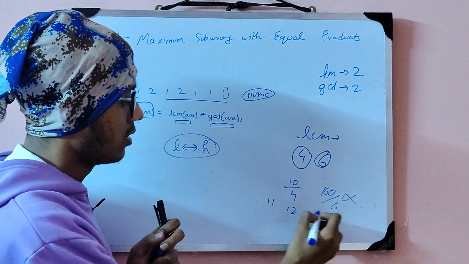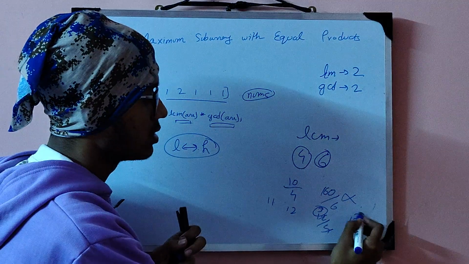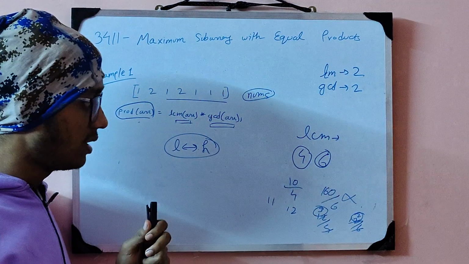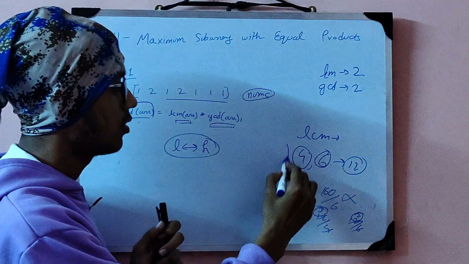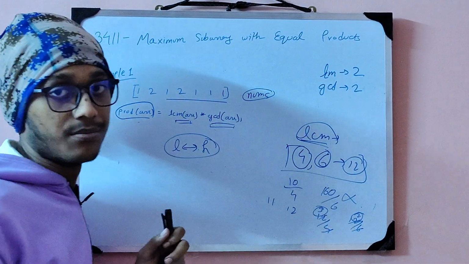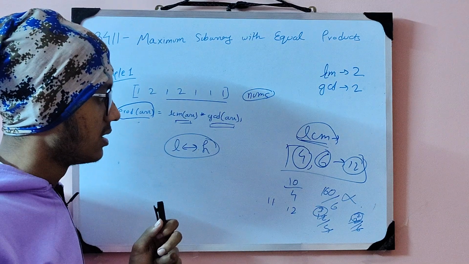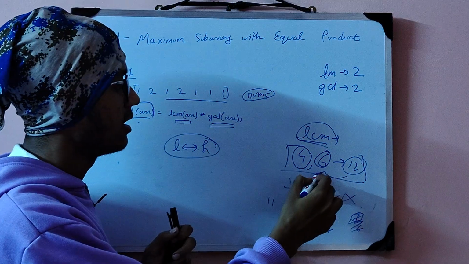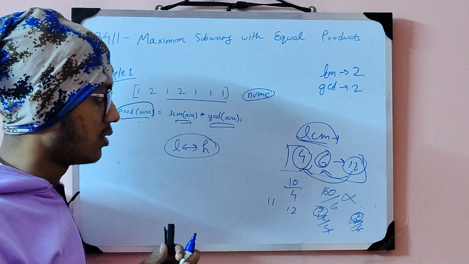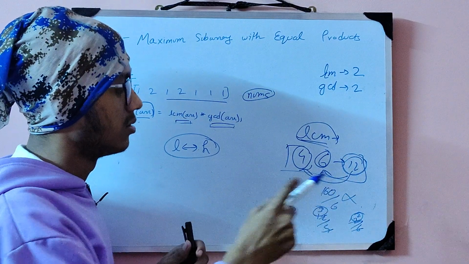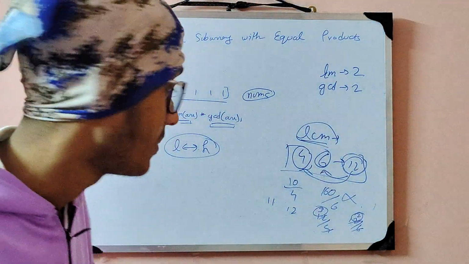No. 12? 12 by 4, 4 times 3 is 12, yes, completely divisible. 12 by 6, 6 times 2 is 12. Okay, so 12 is the LCM of 4 and 6. This is the concept of LCM. It should be divisible by both the numbers completely, with no remainder, and the lowest number that is completely divisible by both the numbers is called the LCM, lowest common multiple.